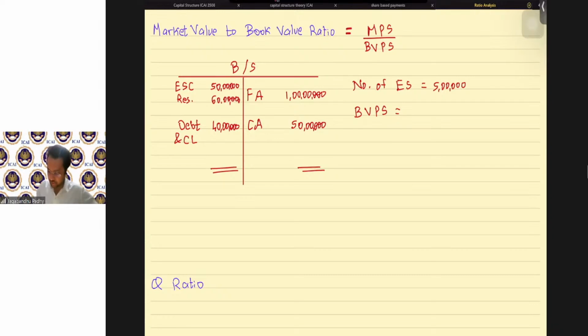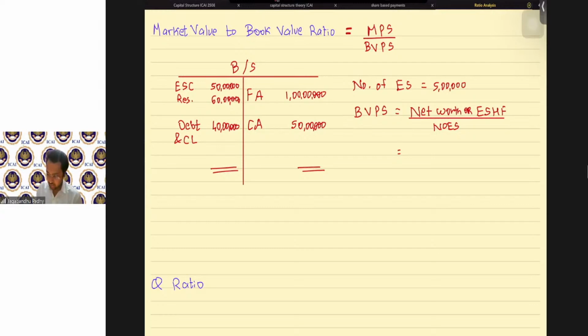Okay, so book value per share is basically net worth or equity shareholders fund divided by number of equity shares.